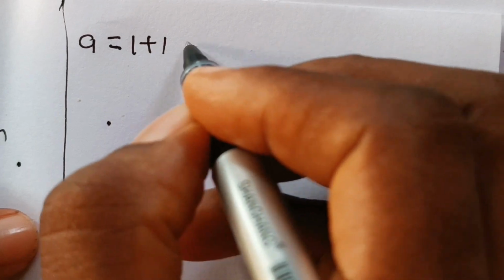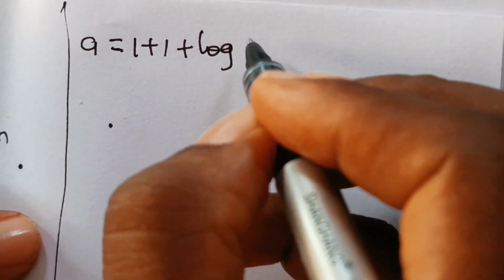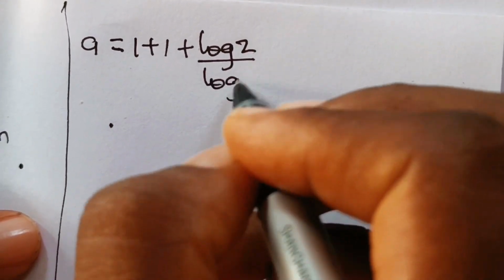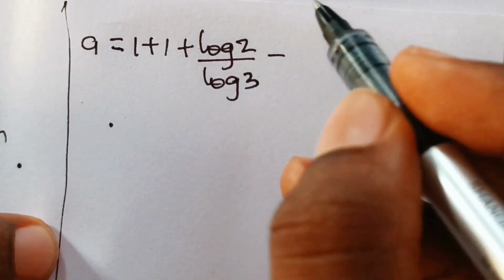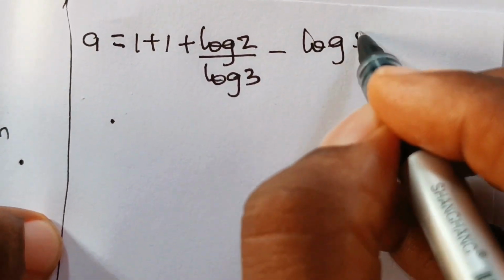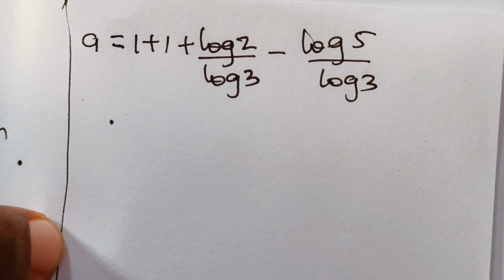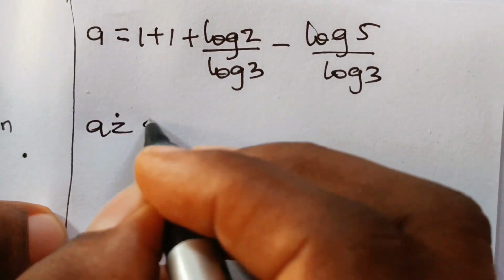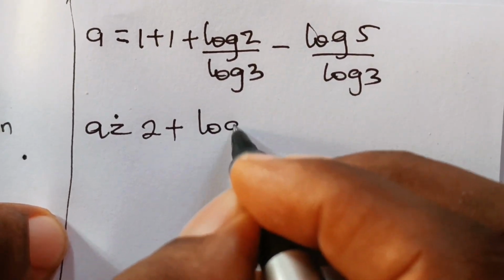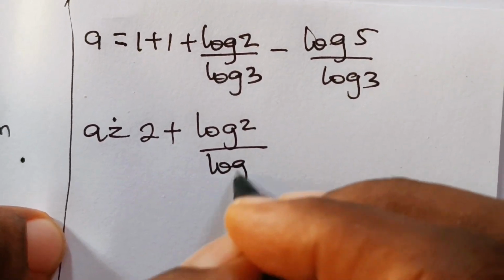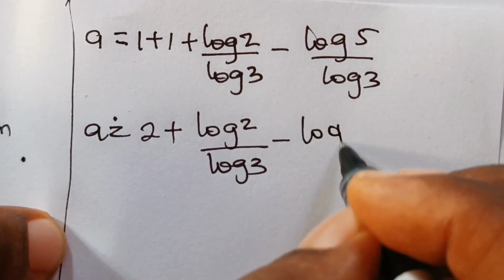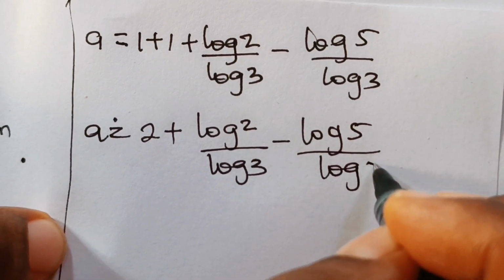So we now have a is equal to 1 plus 1 plus log 2 divided by log 3 minus log 5 divided by log 3. So this is what we have. Now we continue. We can see that a is equal to 2 plus log 2 divided by log 3 minus log 5 divided by log 3.